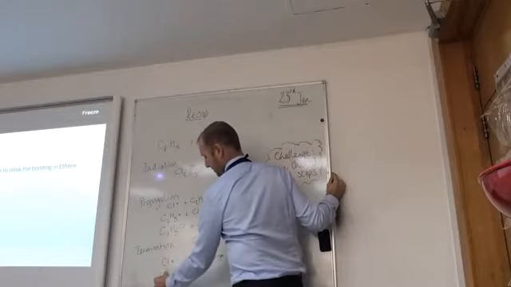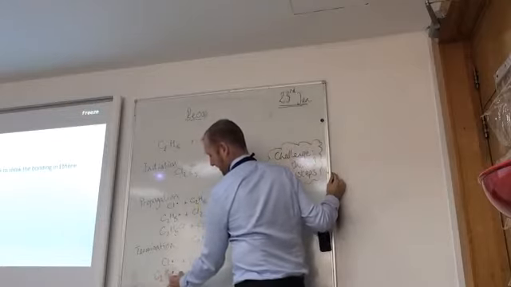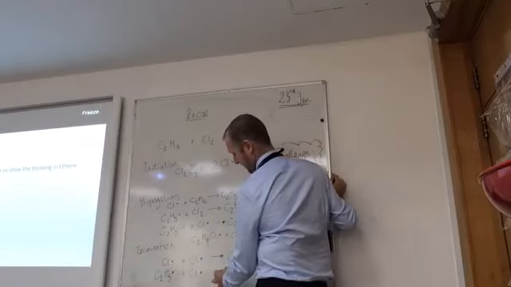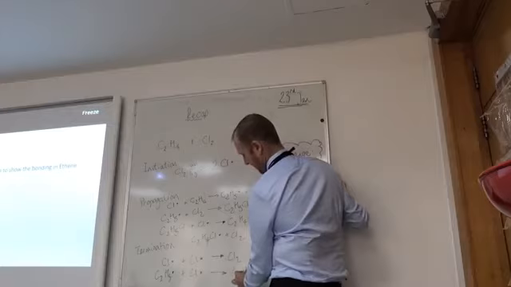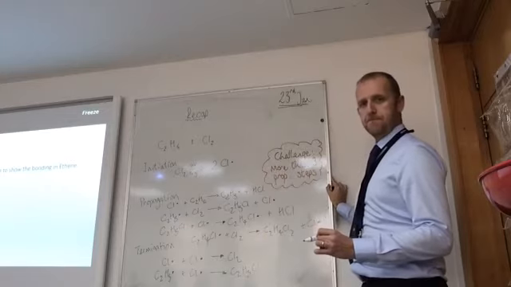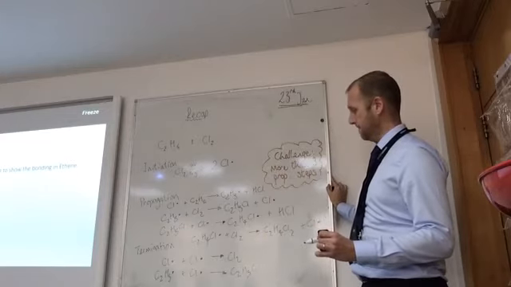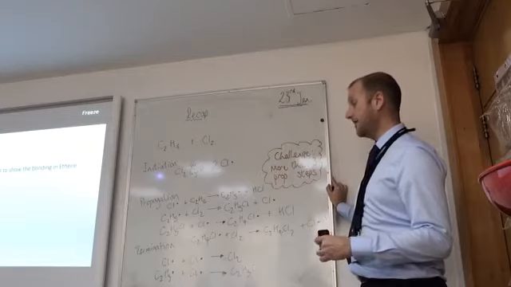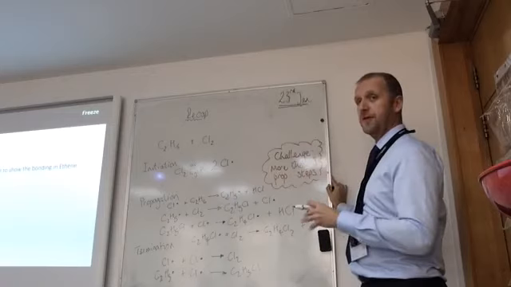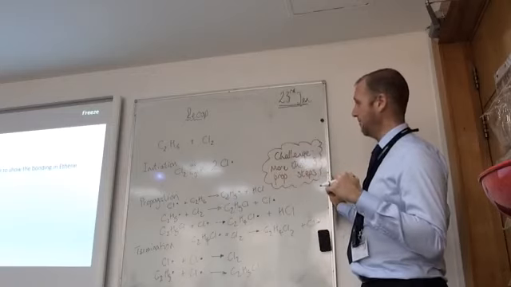C2H5 radical plus Cl radical is C2H5Cl. Excellent. There's one other option as well for a nice termination. Leanne? C2H5 radical plus C2H5 radical, which will give you C4H10. Exactly, so 2 lots of the C2H5 radical give you C4H10. That would be the termination product.